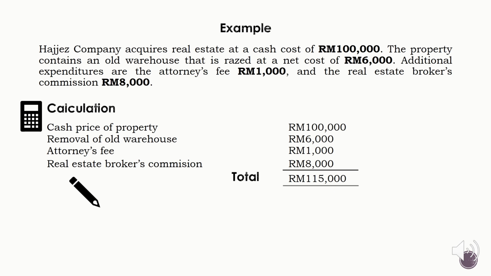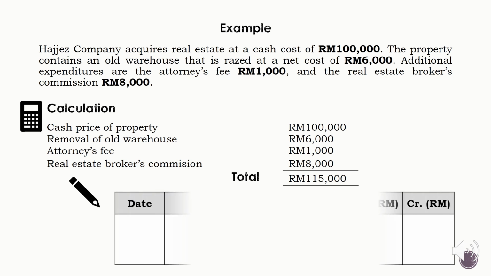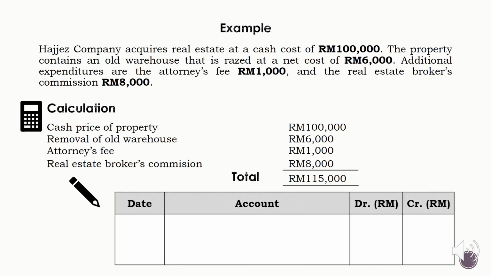The calculation will include the cash price of the property, removal of old warehouse, attorney fees, and real estate broker commission. So the total cash price will be 115,000. And the journal will be debit land and credit cash, to record purchase of land.